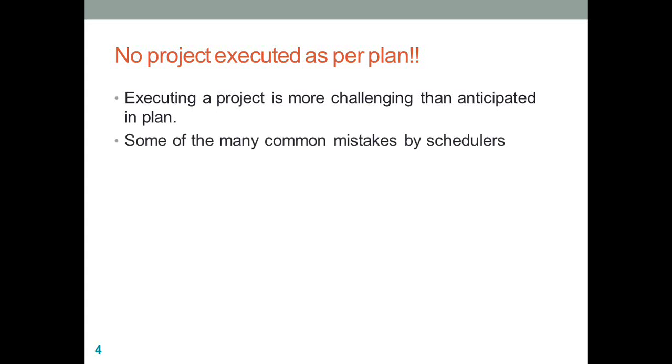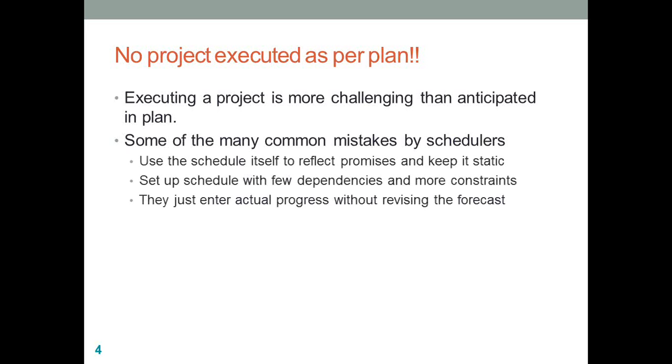So thinking on the same lines, there are certain common mistakes that are made by the schedulers or the Microsoft Project users. One of the most common mistakes is they don't update the plan, which means the plan is kept static because they assume the plan just reflects what has been approved by the customer.